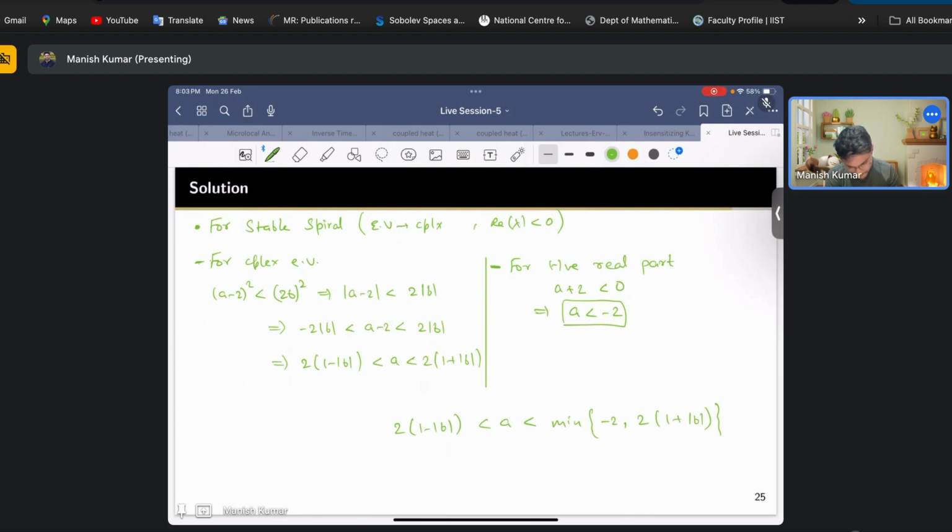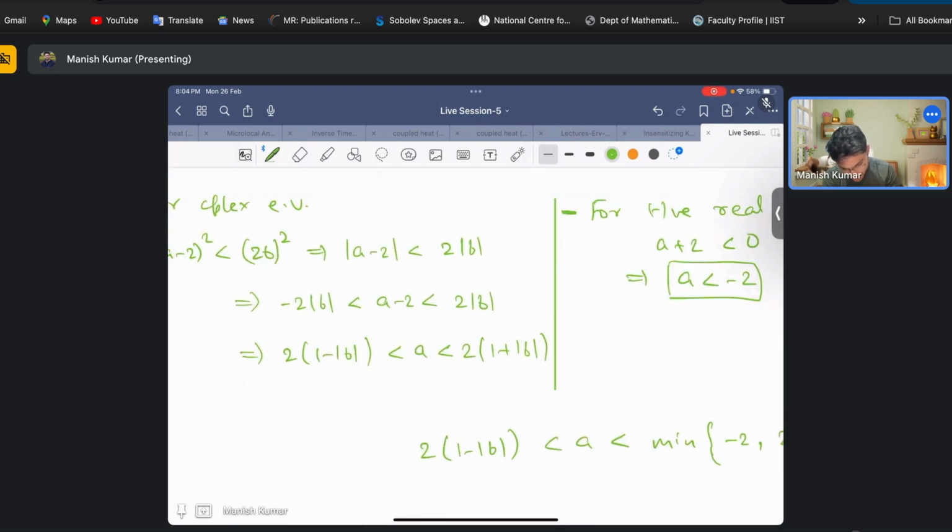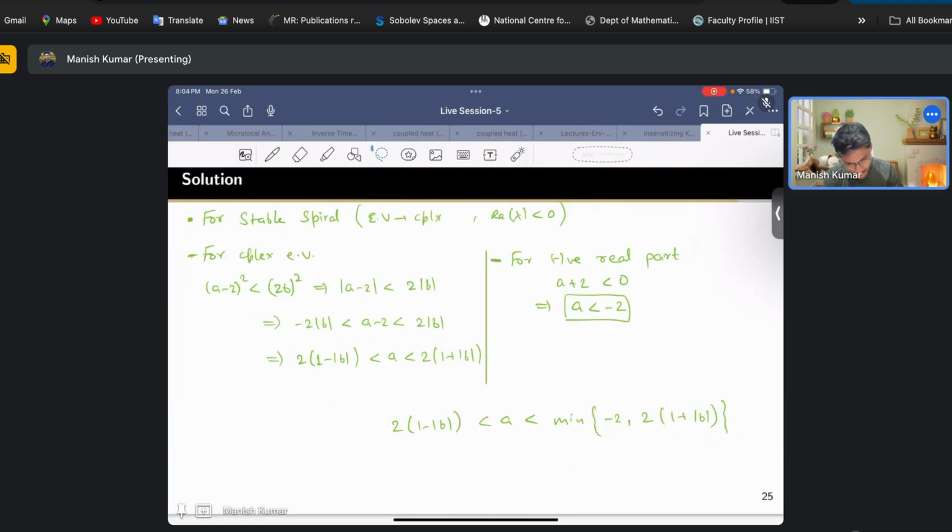So I hope that 2 (1 minus mod b). Okay, this is what we can obtain, but here if you look at this condition, let us look at this one, 1 minus mod b.